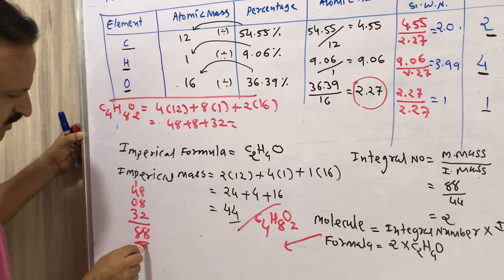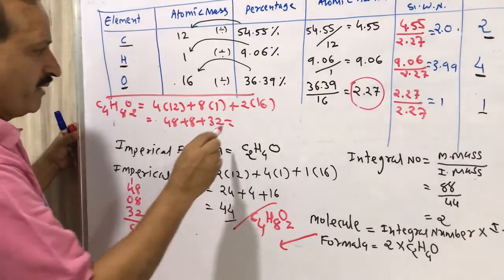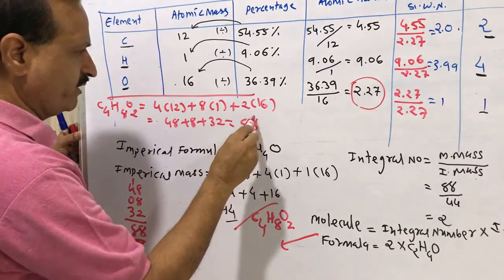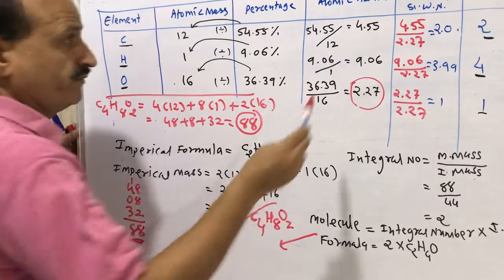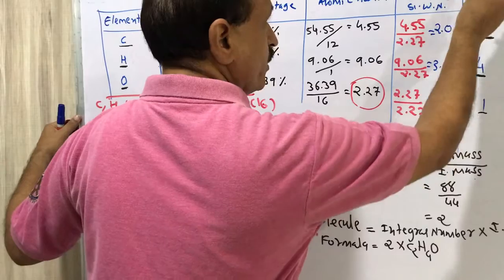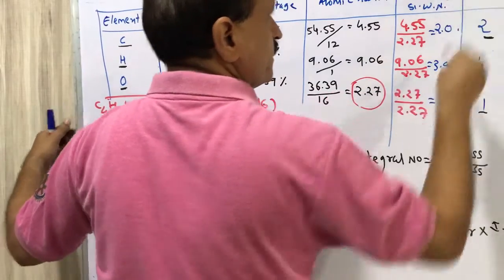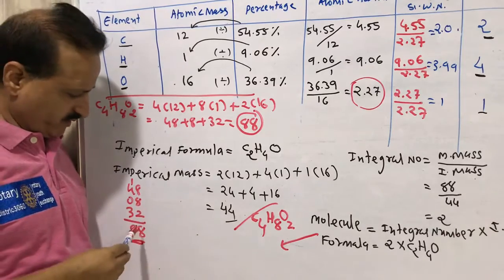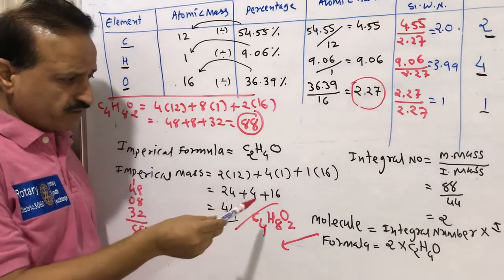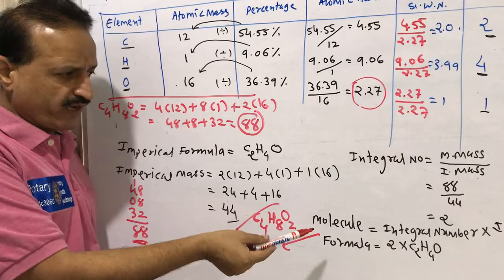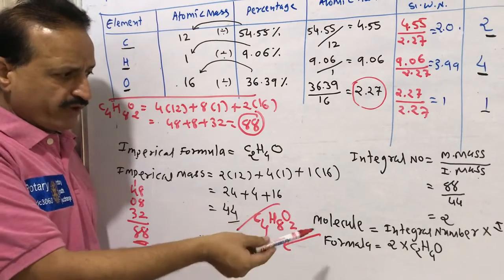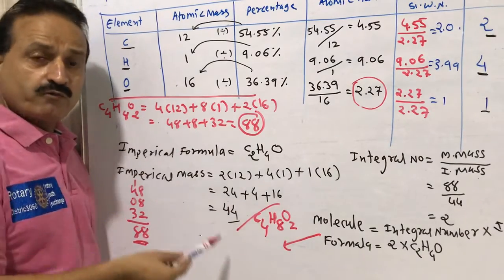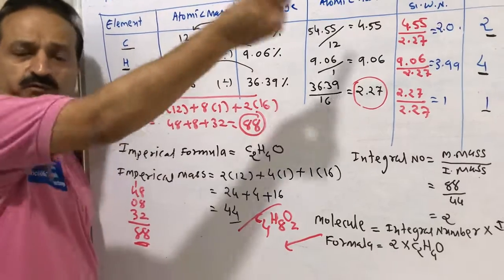Then we have found the 88 molecular mass. So you are given 88 molecular mass. We have already written molecular mass is 88 gram into mole inverse, and we have found the molecular formula, and with the help of molecular formula we have found the molecular mass, which is the given molecular mass.